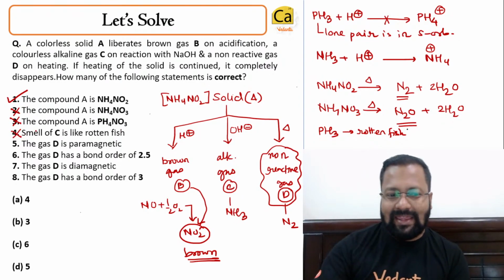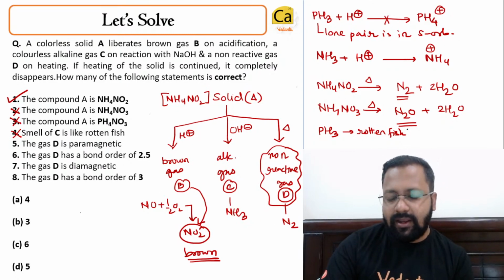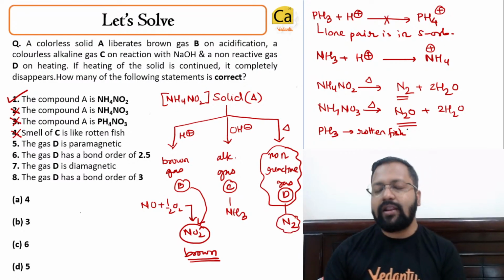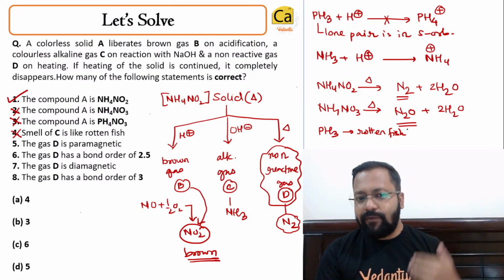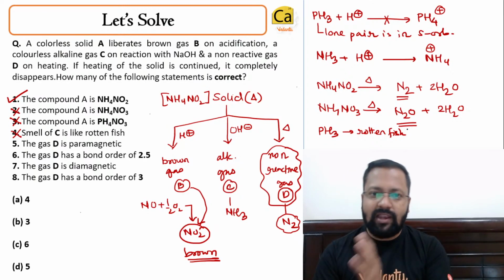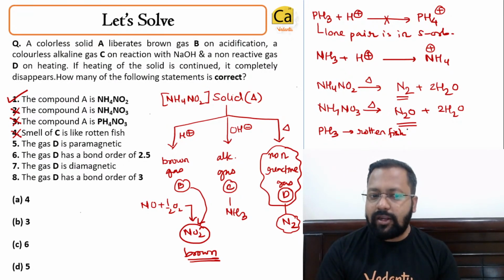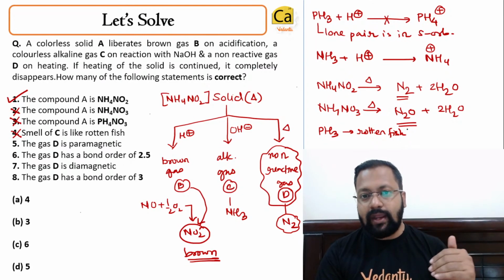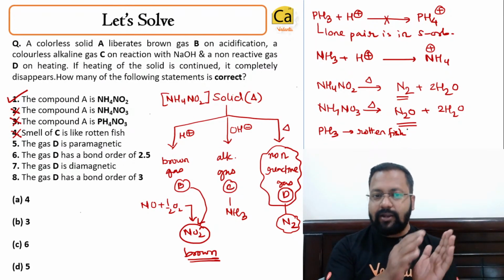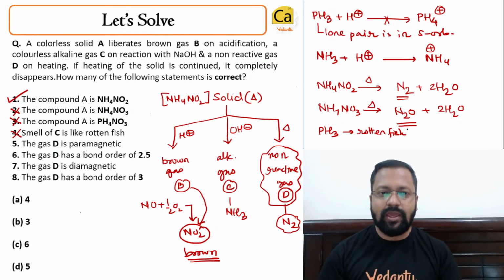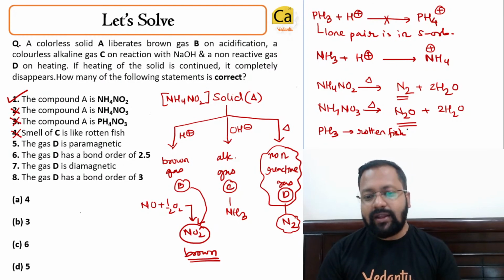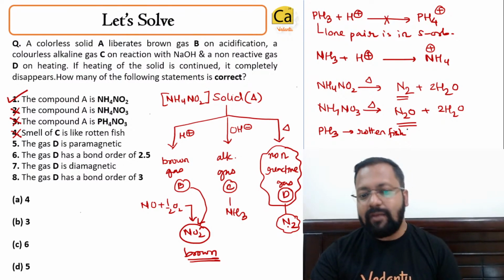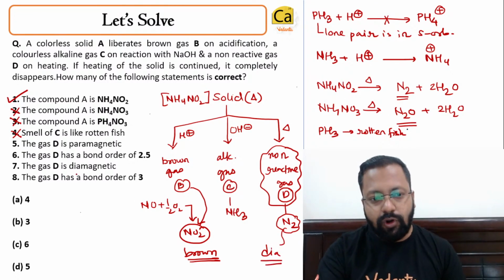Gas D is paramagnetic. Now if you look at the molecular orbital configuration of nitrogen, nitrogen has 14 electrons, and if you arrange these electrons in the available molecular orbitals, you will get the idea that all these electrons are paired up. सारे electrons paired up हैं, and because of that D turns out to be a diamagnetic gas, and it has a bond order of 3.